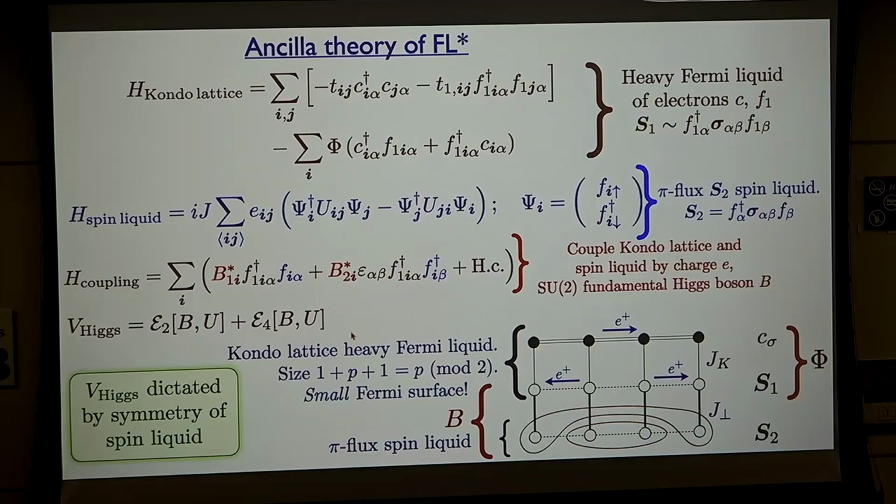Is there not a coupling between the S1 spins as well? You can put it in, but it's that coupling that led to this hopping here, also a Hubbard-Stratonovich decoupling of that. We did that earlier. That's the Kondo lattice part. In the Kondo lattice, there's coupling between the S1 spins that you decouple, and that's how you get the hopping of the F1s.